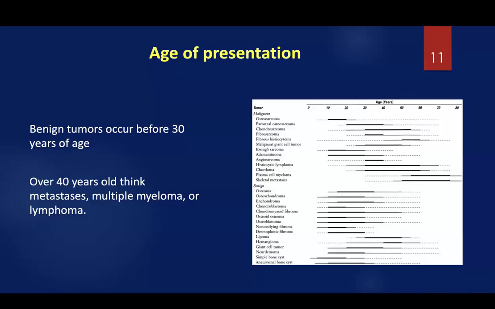Now, that does not mean you should not think about metastasis in patients less than 40, because these are all Western statistics, where all patients below the age of 40 are screened for primary cancers like breast cancer.